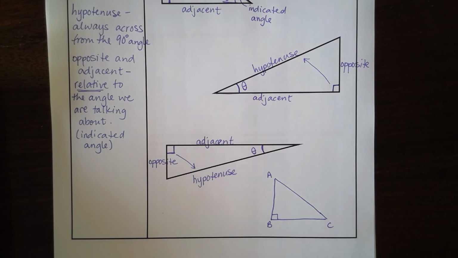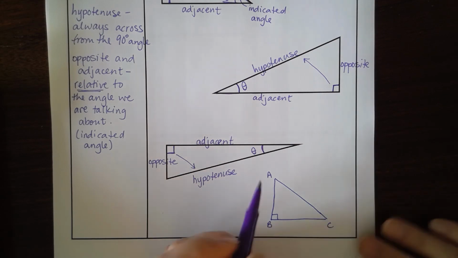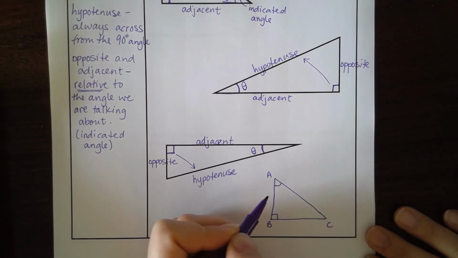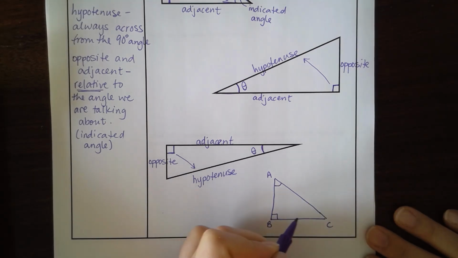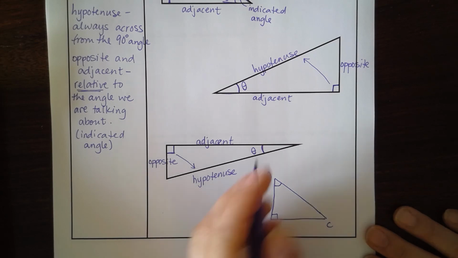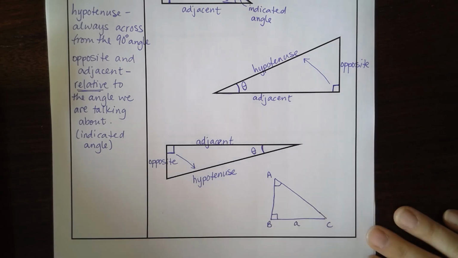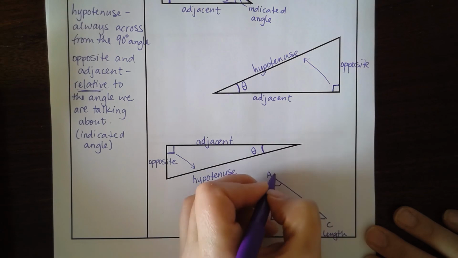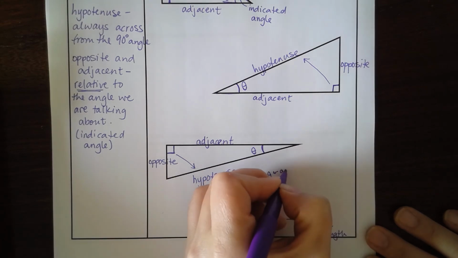But we can also name these sides relative to their angles. And so if this is angle A here, the side across from angle A is side BC. But we also give that a little a. Okay, so we use lowercase a for side lengths, and we use uppercase letters like A for angle sizes.